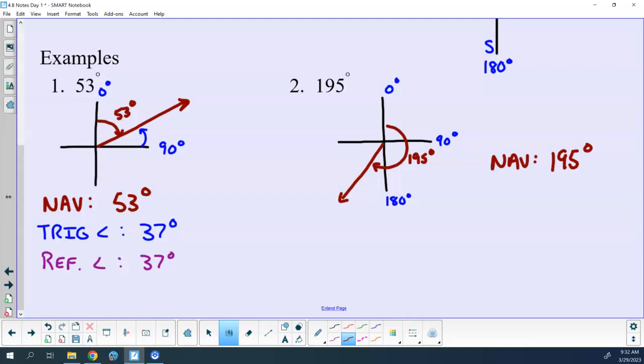Trig angle. What would my trig angle be for this same 195 degree navigation angle? I start here and I go all the way around. Answer, what do you got? 255. Yep.